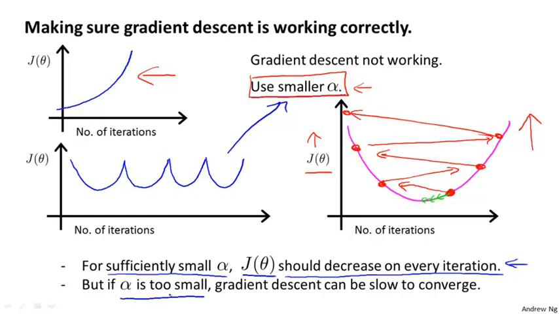If alpha were too small, you might start out here and end up taking just minuscule baby steps, and take a lot of iterations before you finally get to the minimum. So if alpha is too small, gradient descent can make very slow progress and be slow to converge.